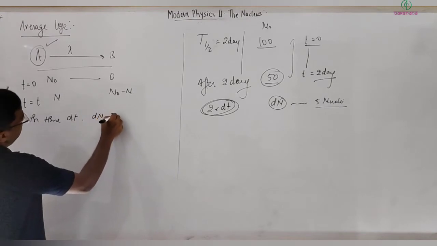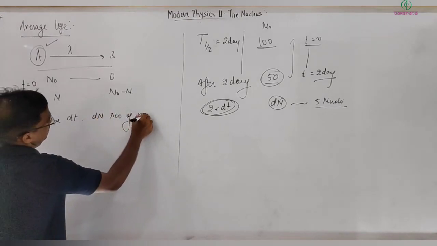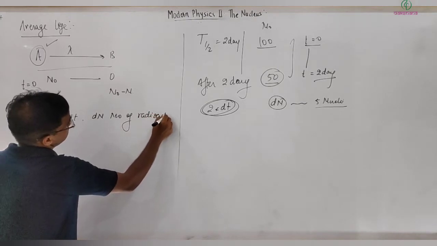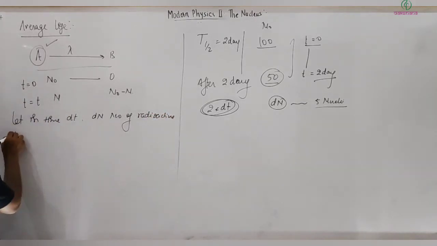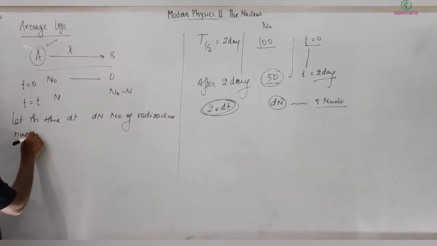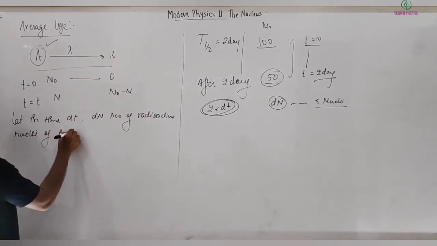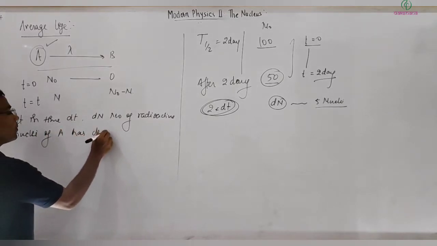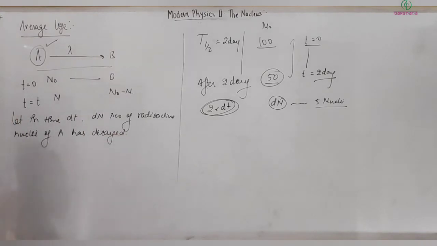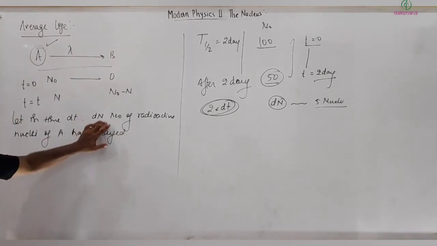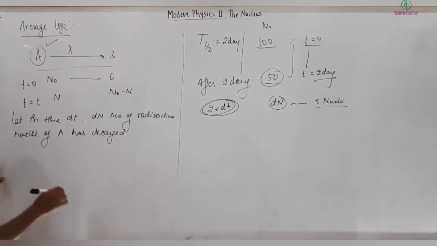dn number of radioactive nuclei of A has decayed, right? So I can say, for what duration have these dn number of nuclei survived?